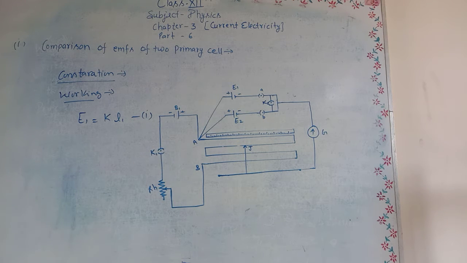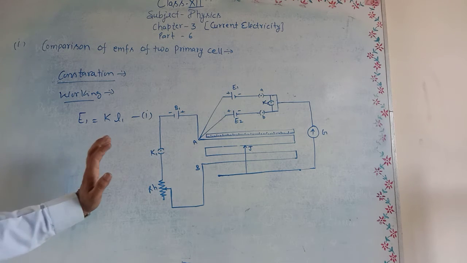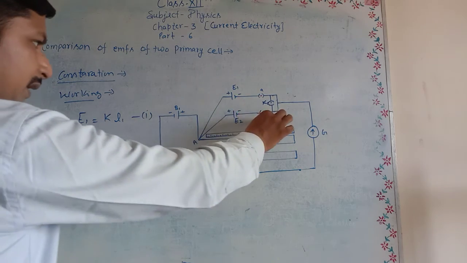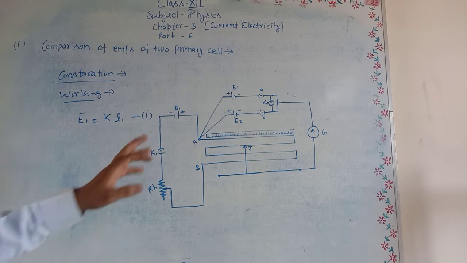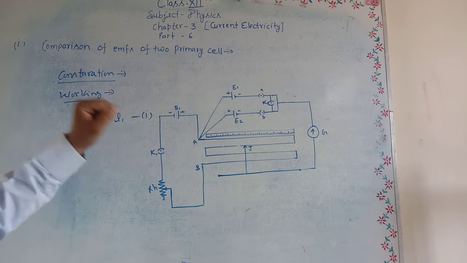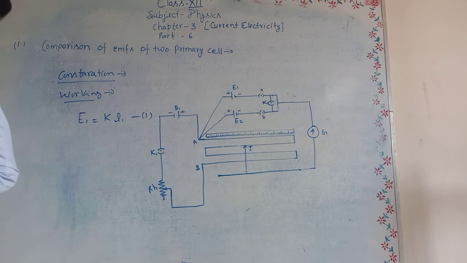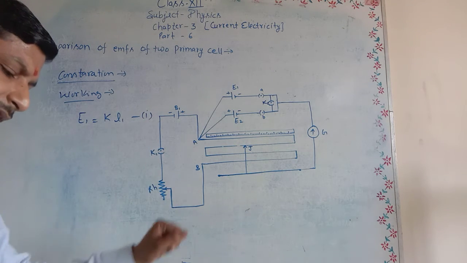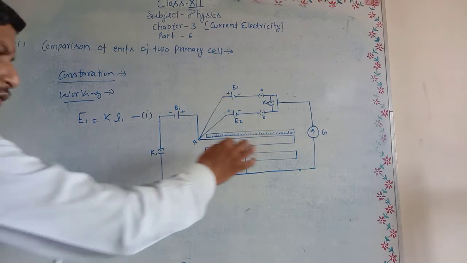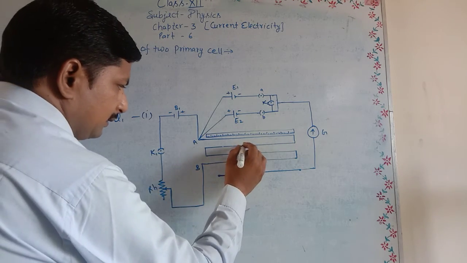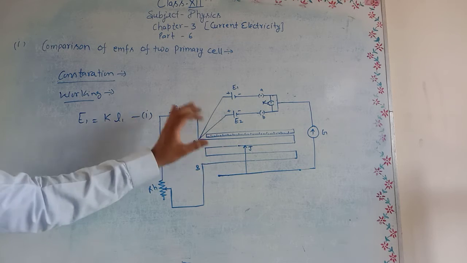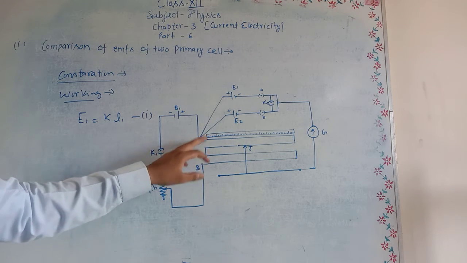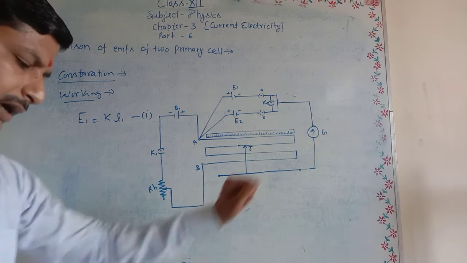In step 2, we remove the plug A and insert plug B, and the two cells between A and C, the null point is again obtained for E2. Then we move the jockey along the wire AB to maintain the zero deflection in the galvanometer.